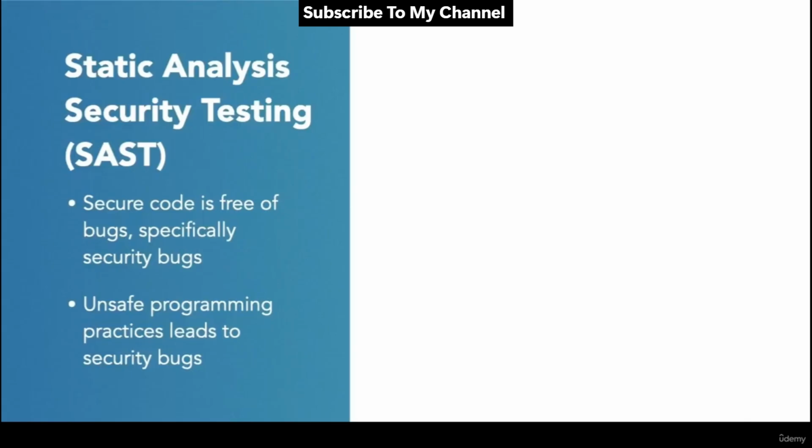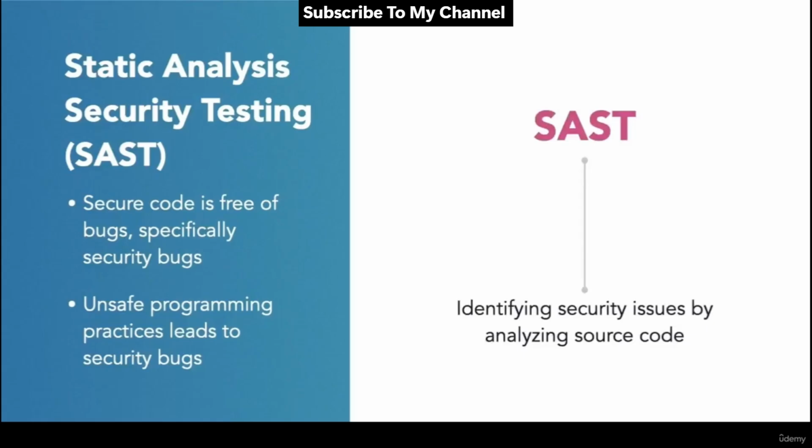These innocent-looking security bugs, if not fixed early, will morph into security vulnerabilities in your containers running in the production. This process of identifying security issues in the source code by scanning and analyzing is popularly known as static analysis security testing, or SAST in short.